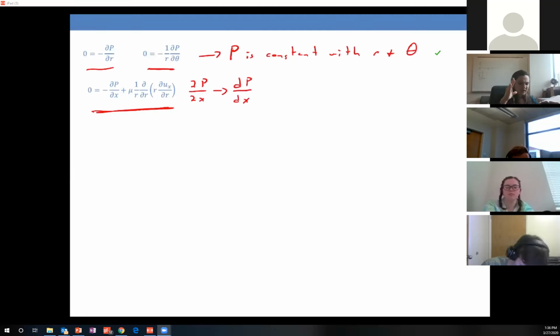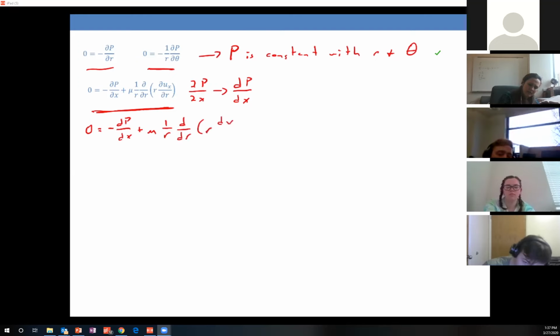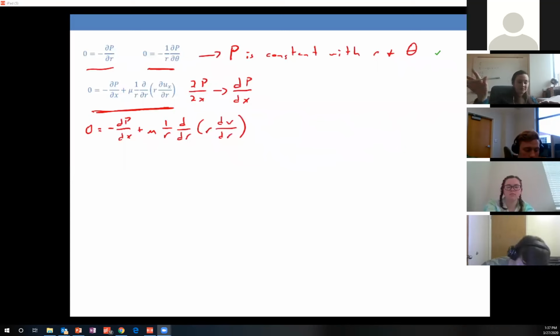Okay, so now let's write this out again, and we have 0 is equal to negative dp dx plus mu 1 over r d dr r dv dr, and I'm just going to use v for velocity from now on for simplicity. It's all regular d's now because everything just depends on one factor. The only thing that affects v is r.